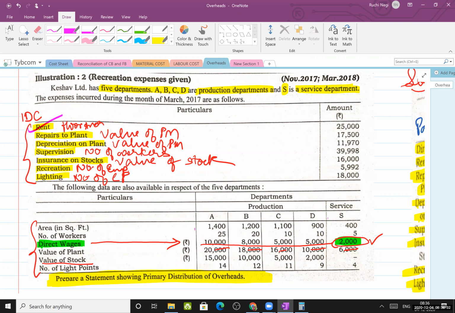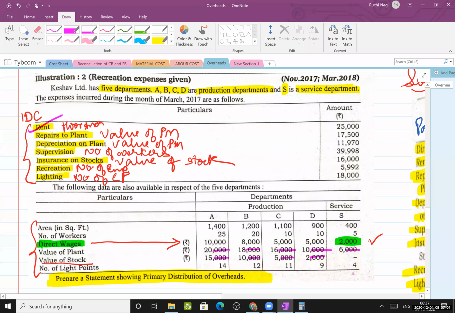Value of plant, again drop down the zeros as I told you earlier. हाँ, ये देखो, zeros कम कर दो, फिर आपको आपका रेशियो मिल जाएगा. 20:18:16:10:6. Then stock, value of stock, reduce the zeros and you will get your ratio. 15:10:5:2. Number of light points ratio is already given in the question.